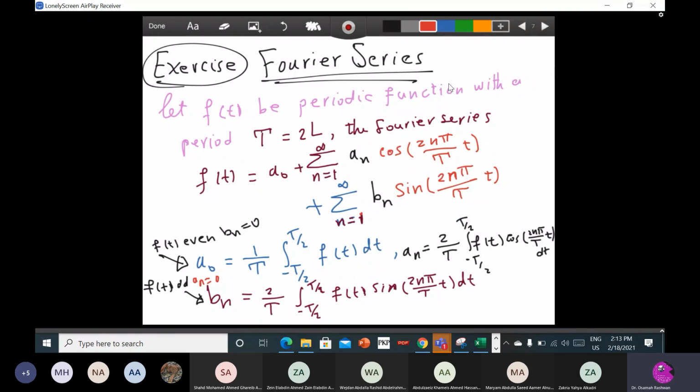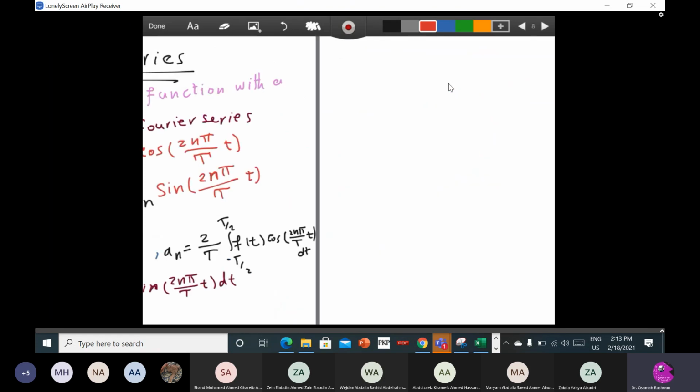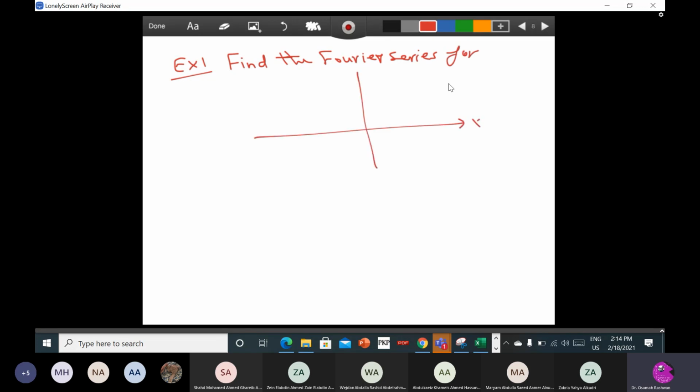Now we will go for solving any exercise, but before we start finding the Fourier series, we have to decide whether our function is even or odd. If we start with exercise number 1, find the Fourier series for this wave.